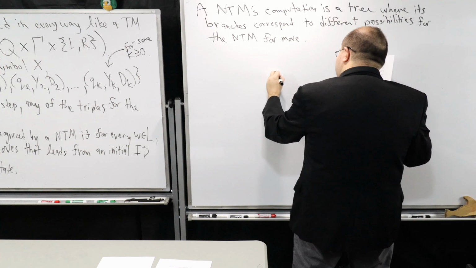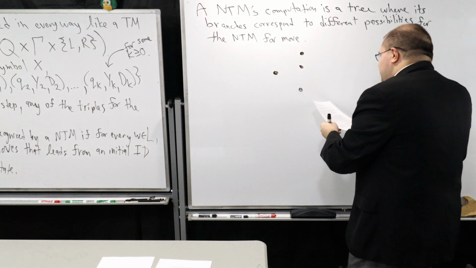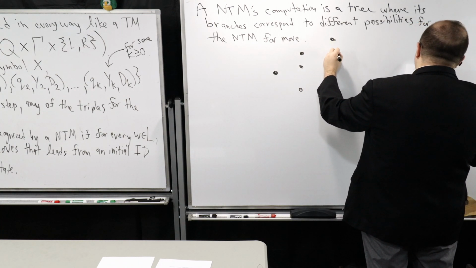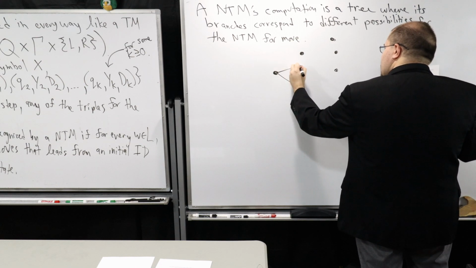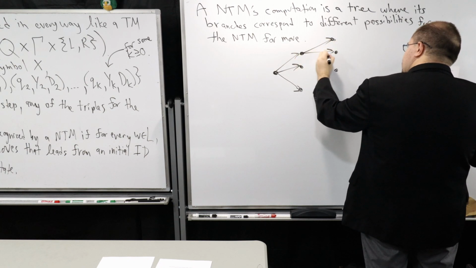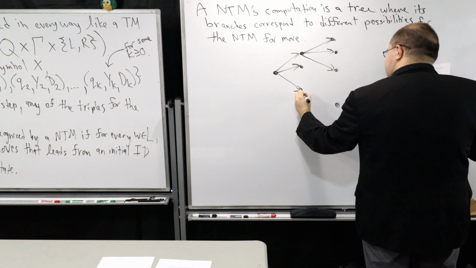So let me just draw you a fun picture here, just to give you a flavor for how this would work. I'm going to imagine I have some tree. Let's make it so it goes like this.